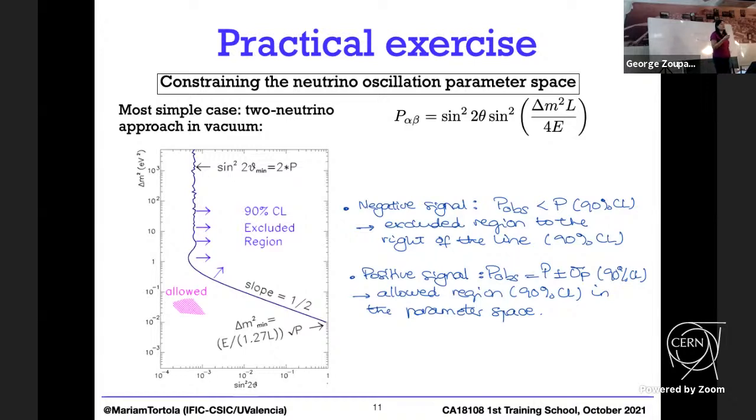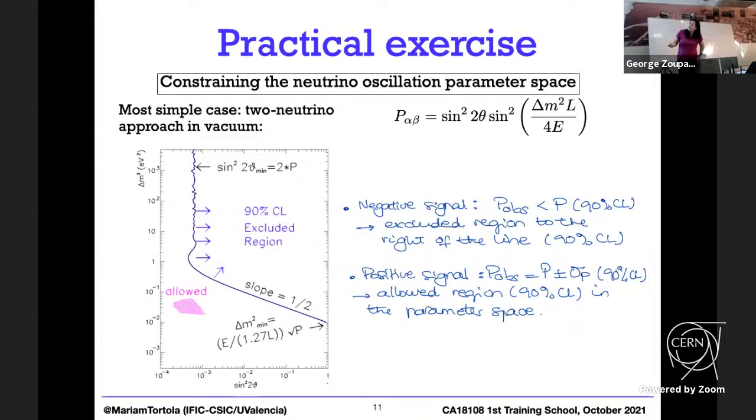One cannot conclude that there has been a change of flavor in the neutrino. Then in that case, if you have not seen a change of flavor, your observed probability is smaller than some value, P.